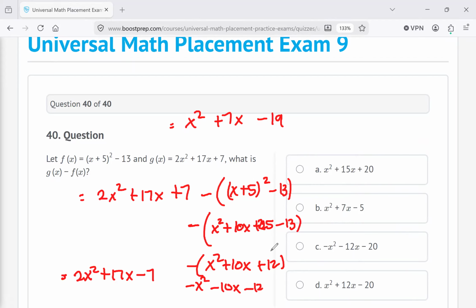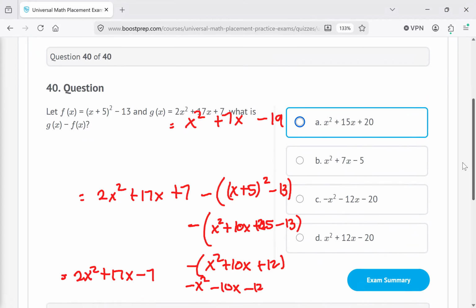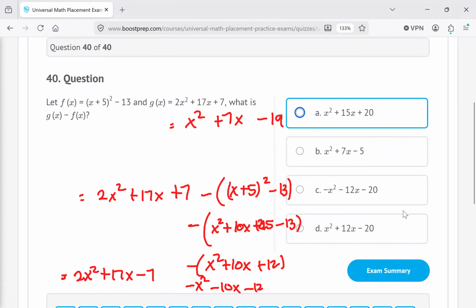Oh, there's a D. Wait, what am I doing wrong?